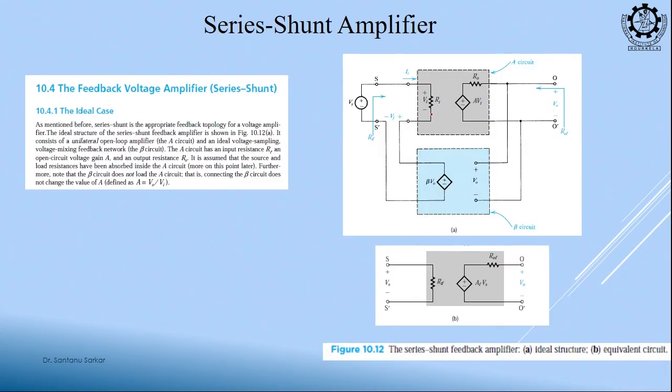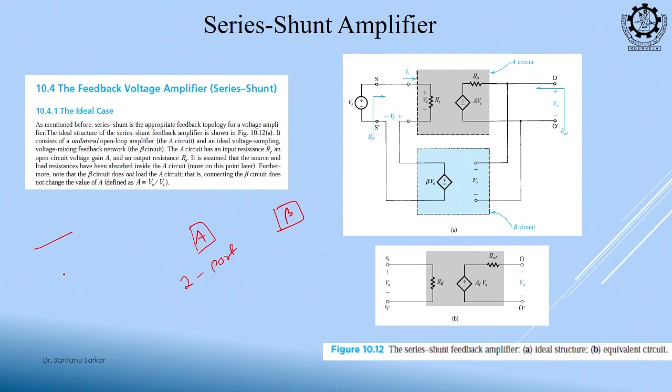So, now this A we will replace with a model. What model do we know? 2-port network. Similarly, this beta will also be replaced with a 2-port network. What was our amplifier 2-port network? Input side, input impedance of a voltage amplifier is generally infinite, right.